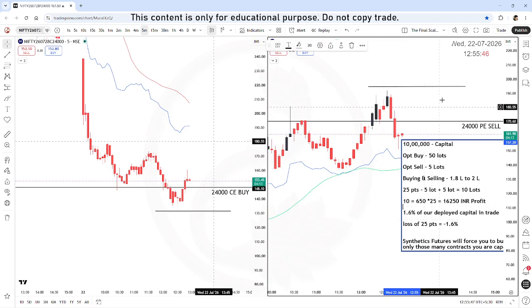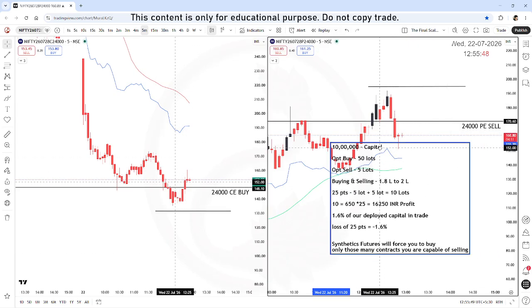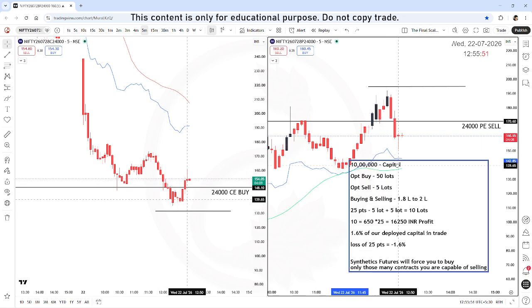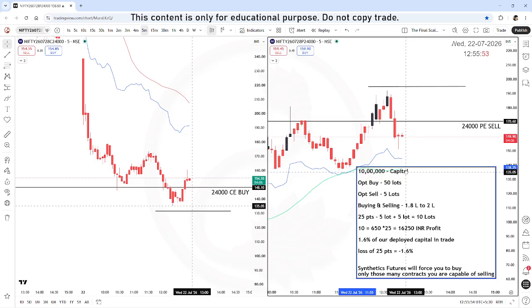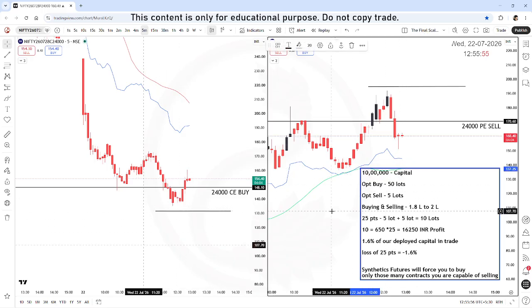Alright? That is the definition of it. This is exactly how you are going to preserve your capital using synthetic futures.